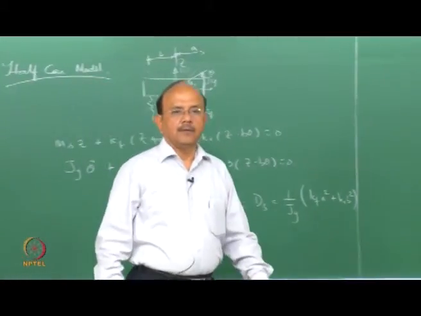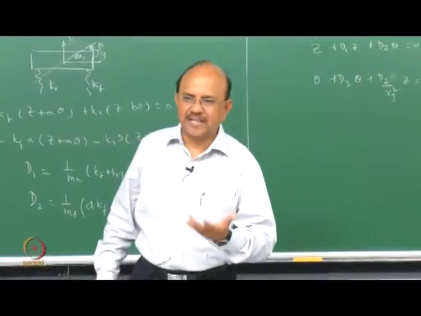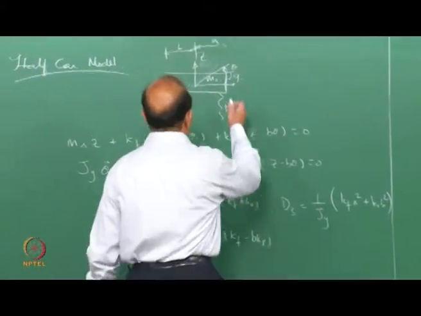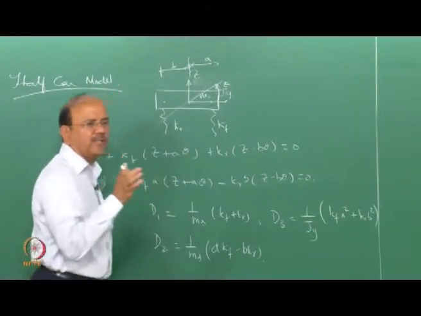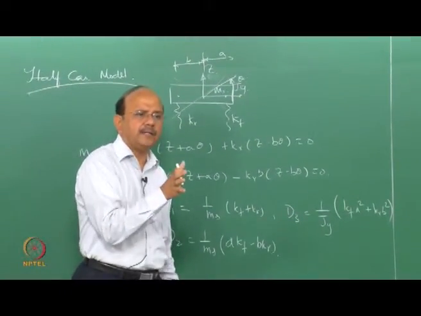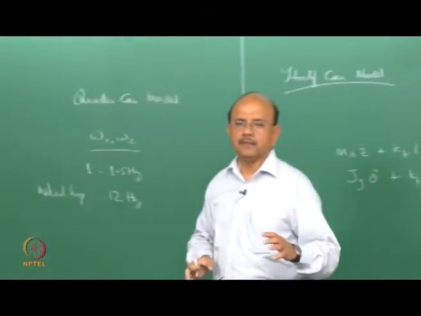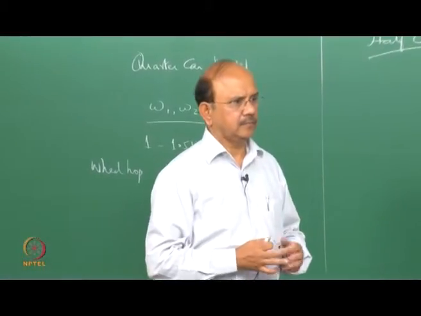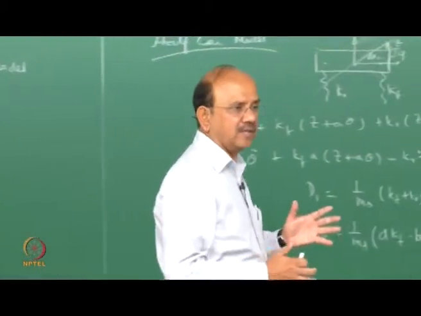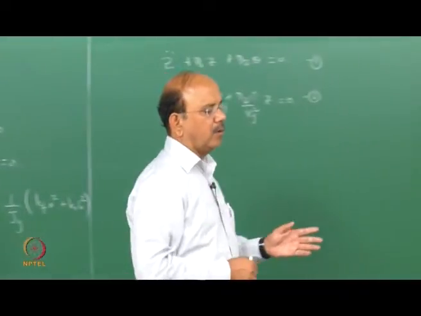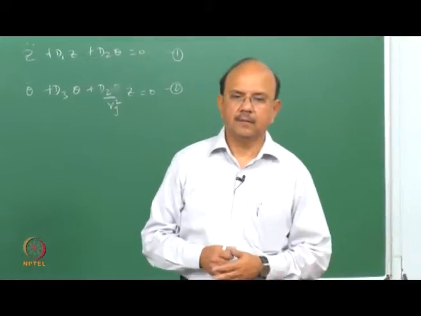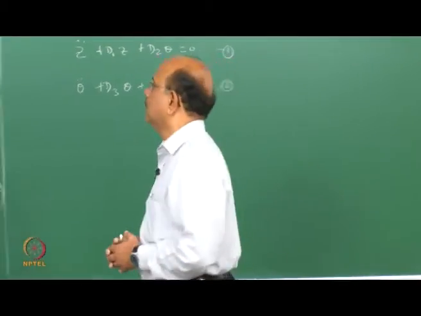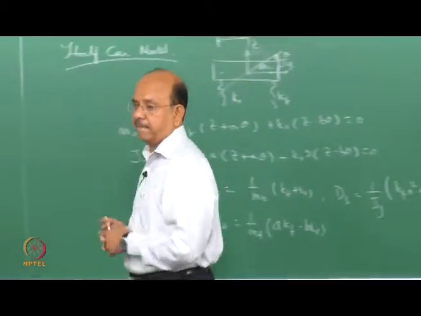We said that this is not a very desirable thing because we are not going to sit at the center of gravity location. In a car it will usually be slightly behind the front seat, but it may vary from car to car, maybe one third of the distance between the front and the rear seat. We can calculate that.